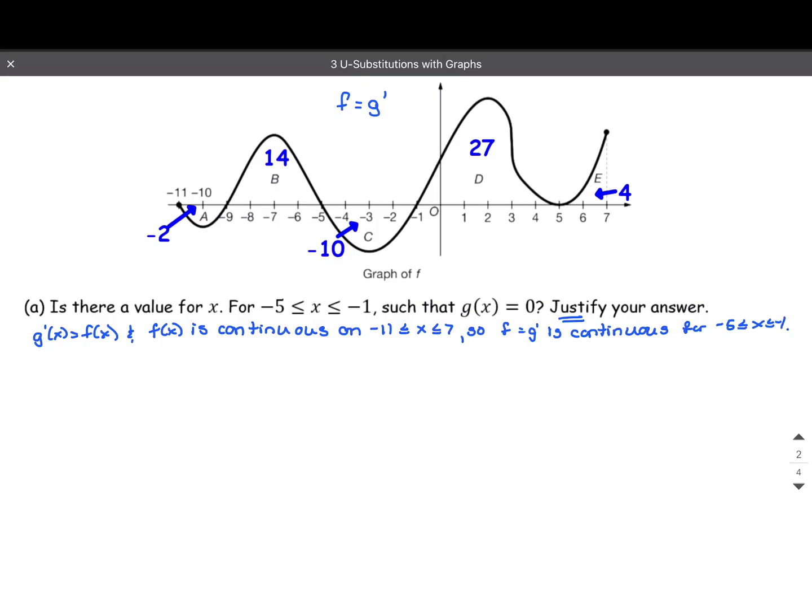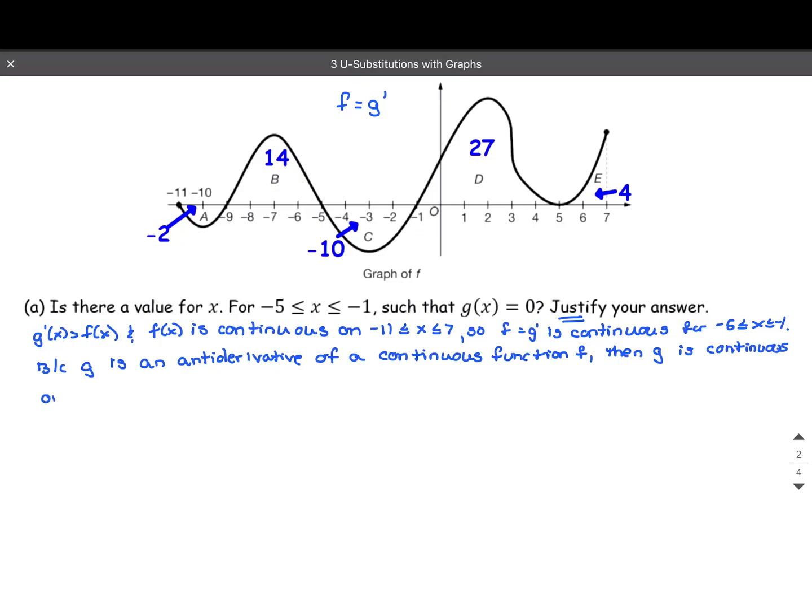Okay, now because g is an antiderivative of a continuous function, which was called f, then g is continuous on that same interval.